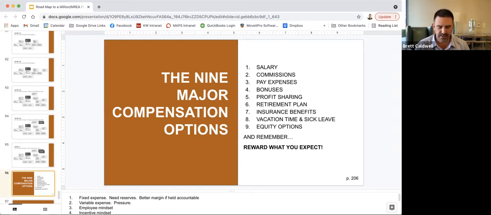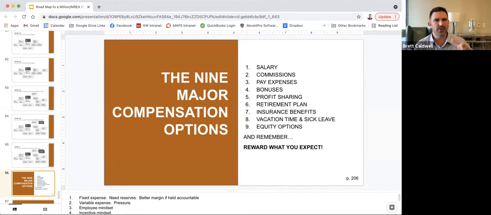Commissions are variable expense. Easy to see the difference there. There's pressure around commissions, of course, where salary says you've got to have reserves. You've got to hold margin accountable in your business. Pay expenses: are you going to pay to maintain their real estate license? Are you going to pay for their board dues or their continuing education if they're a licensed assistant?